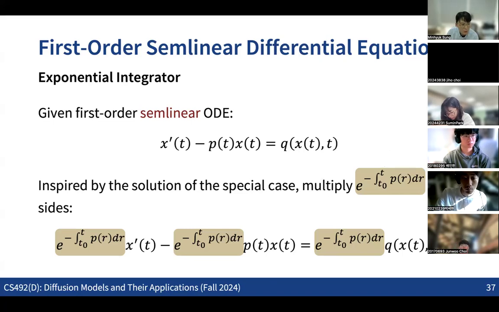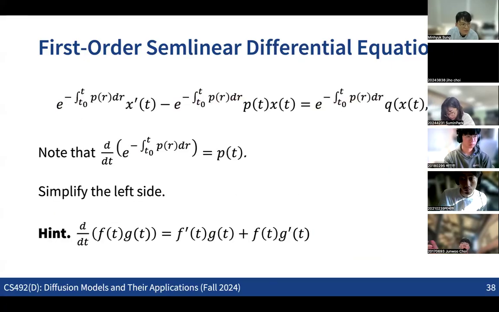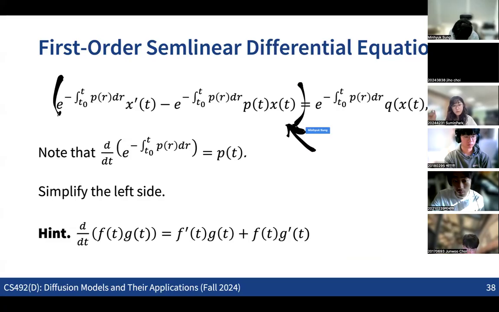The reason why we are multiplying this exponential term is that this whole thing looks complicated, but actually we can easily simplify the left-hand side. Based on the fact that if we take the integral of this integral, it becomes just p_t here, right? And we are also going to use the product rule for derivatives.